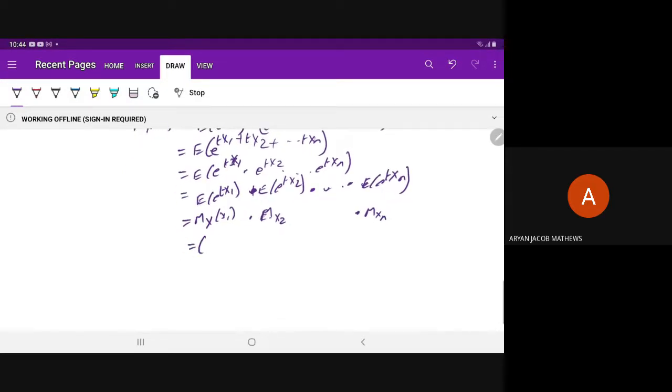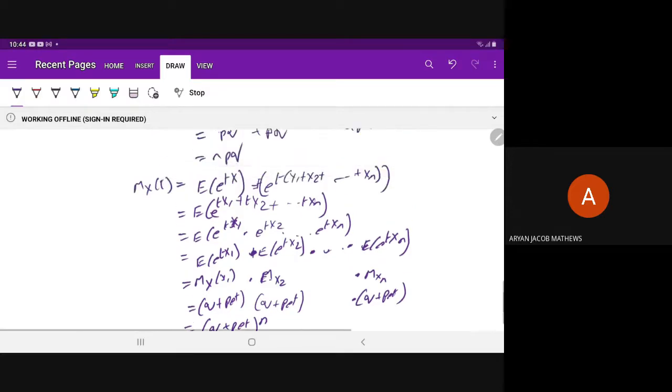For the Bernoulli, it is q plus p e to power t, so it is q plus p e to power t, whole power n.